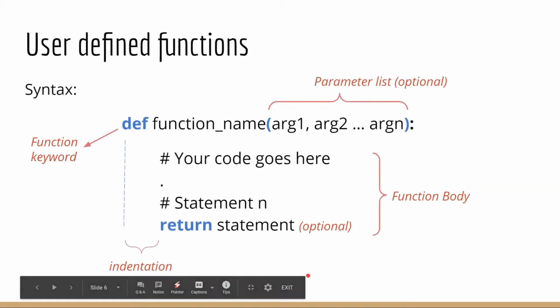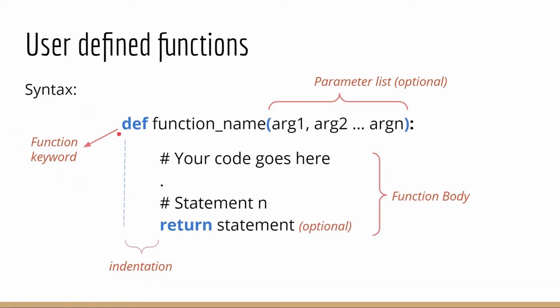In order to do so, we need to know what the syntax or the structure of a function is. Basically, each function starts with a def keyword. This def here stands for define. So basically, we're defining our function. After def, we have the name of the function.